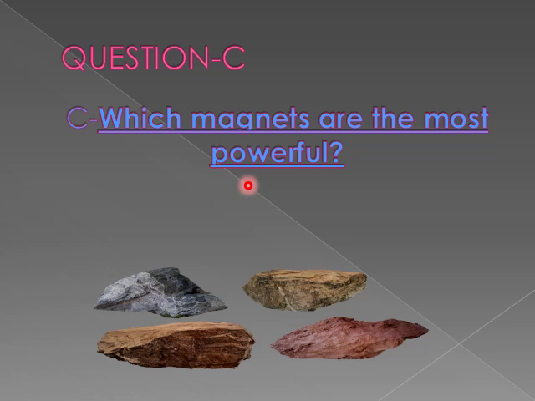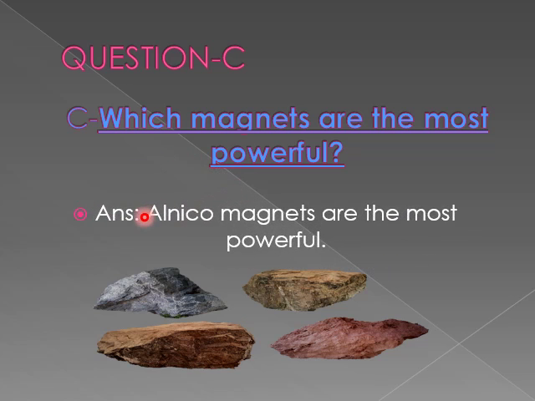Here is the answer. The most powerful magnets are the alnico magnets. So, which magnets are the most powerful? The answer is the alnico magnets are the most powerful.